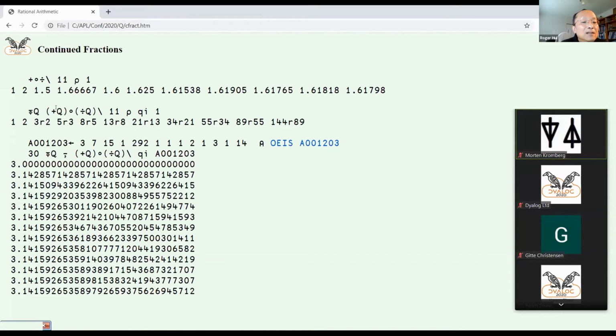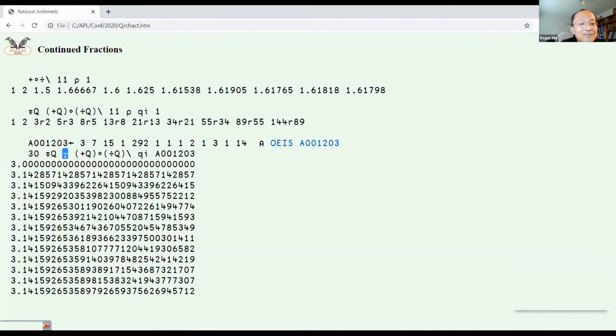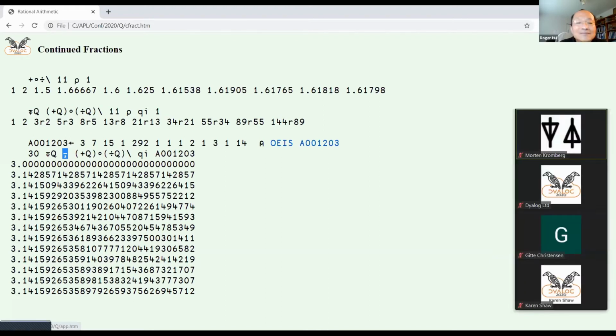That's what the comma bar does. And then format it using 30 decimal places. And I get pi. Isn't that delicious? There's a pun there. I hope you all are laughing, or at least smiling.